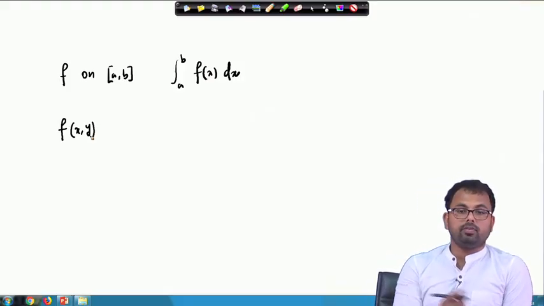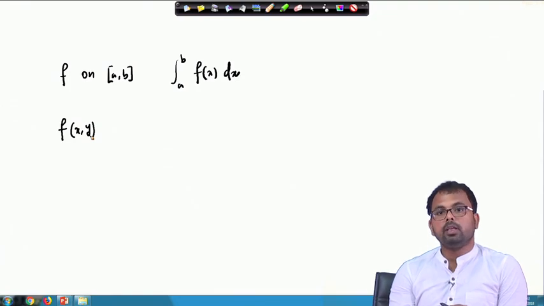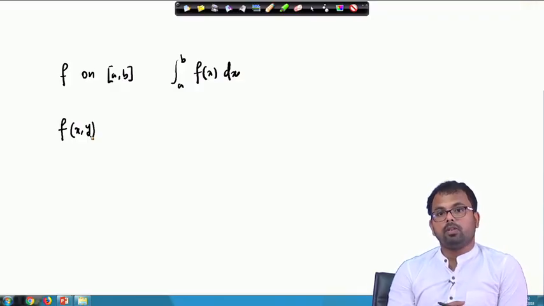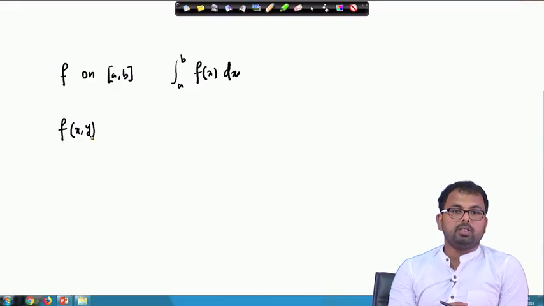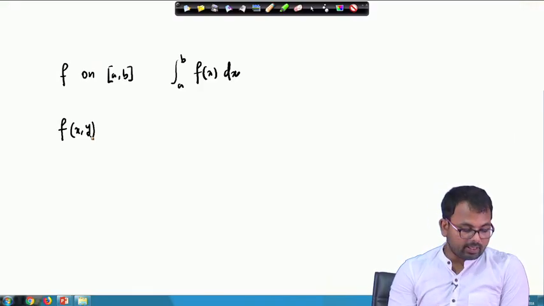For a function of one variable, we can check its limit, continuity, differentiability, and we can also perform integration. From differential calculus we know that for functions of two variables as well, we can check limit, continuity, partial derivatives and so on. So what about the integrability of a function of two variables, and how do we define that?